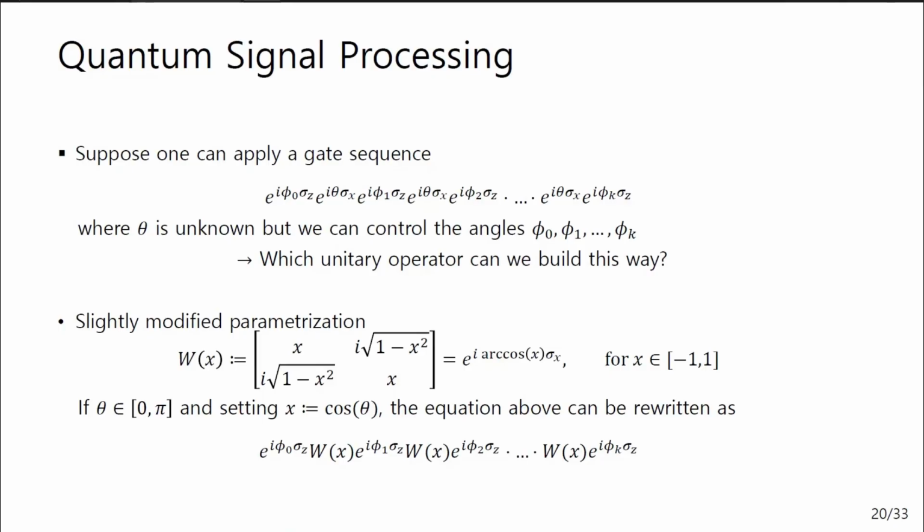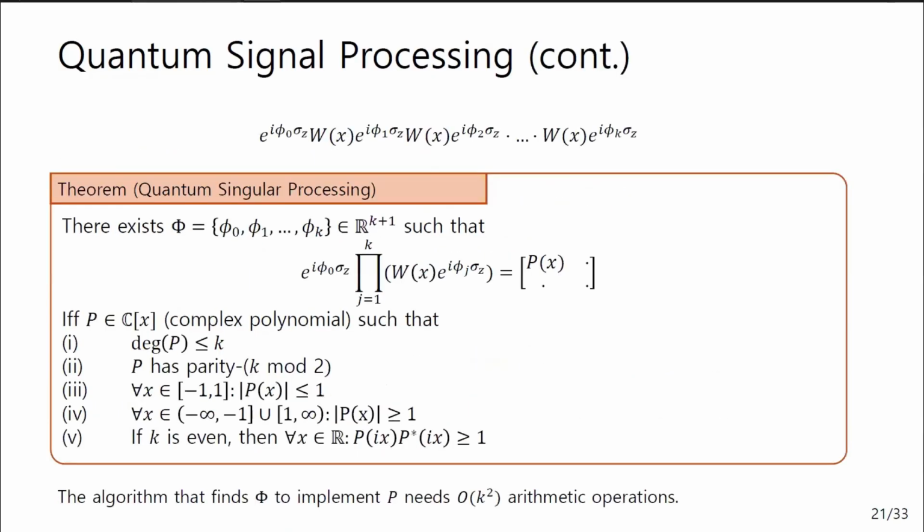And this is equal to exponential i arc cosine x sigma x. Then, by setting x equal to cosine theta, the equation above can be written as the alternating multiplication of the RZ gate and the Wx gate.